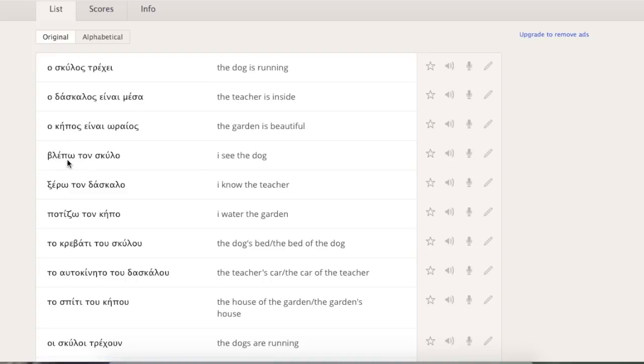Βλέπω means I see. Who says I? So I'm the subject. What do I see? The dog. So you notice here the article has changed. The is ton, and skilo, dog, doesn't have an s at the end as before because it is an object.